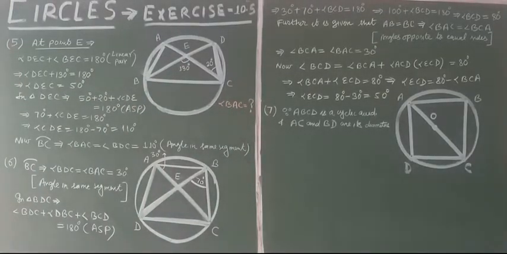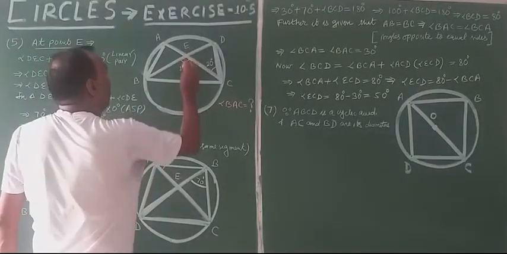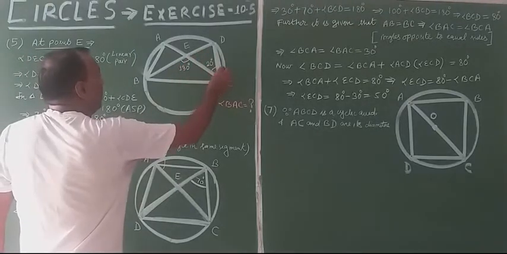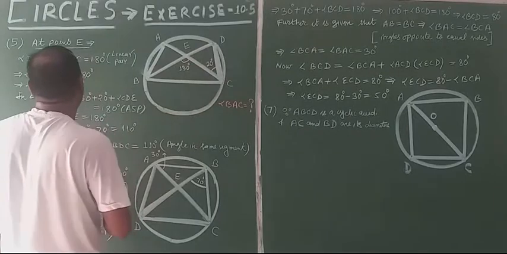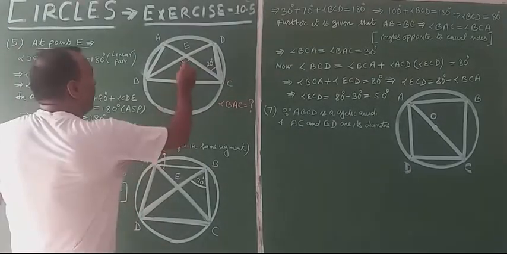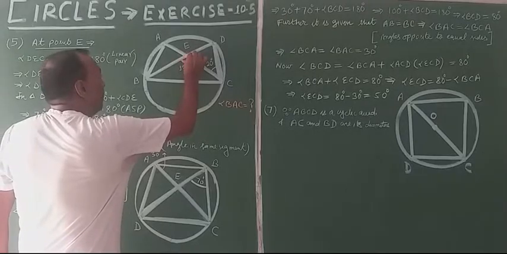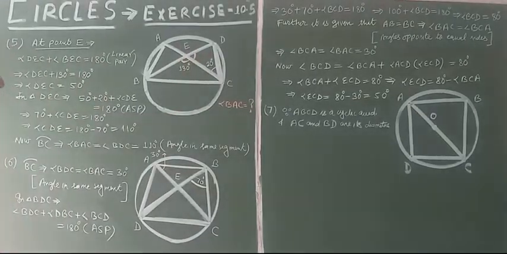Now just look here. At point E, this angle DEC plus this angle, their sum will be 180 degree because they are in a linear pair.